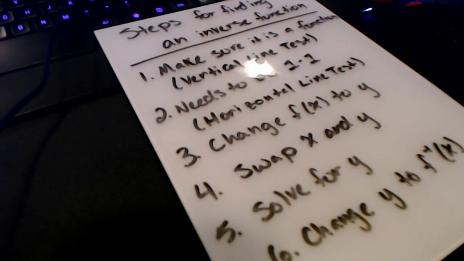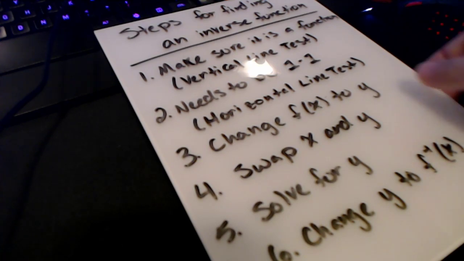If you do not pass horizontal line test, then you still go through steps 3, 4, 5, and 6. And once you find step 6, so you find your inverse, you have to restrict the domain. We'll look at one of those as well. Then you change f of x to y, solve it for y, just going through your algebra manipulation. Once you solve for y, change your y to f inverse of x. Easy peasy, nothing too crazy.